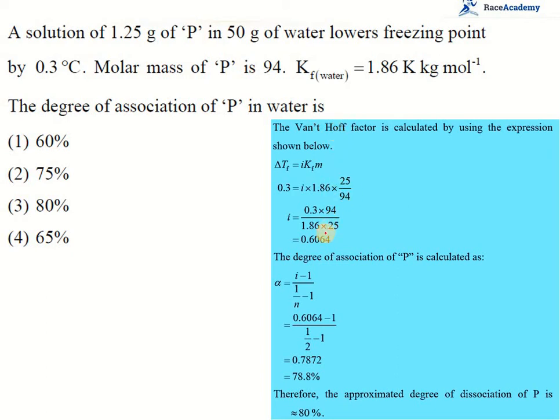Okay, and the degree of association of P is calculated as alpha equal to (i minus 1) by (1 by n minus 1). After substituting, we got alpha as 78.8%. Therefore, approximately close to 80%. So we'll go with the third option in this one.